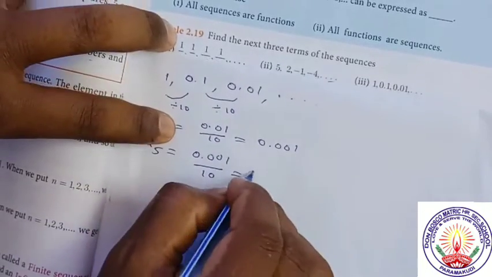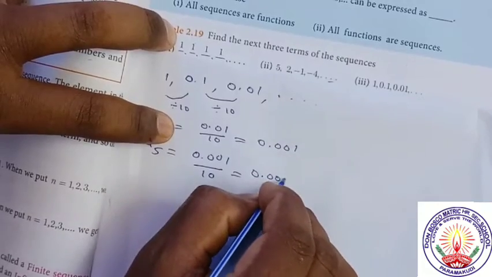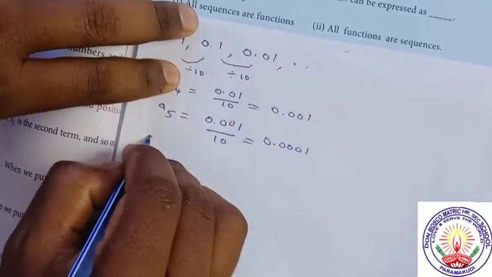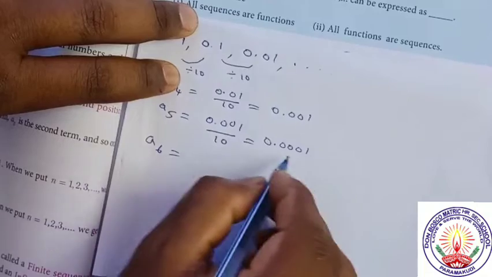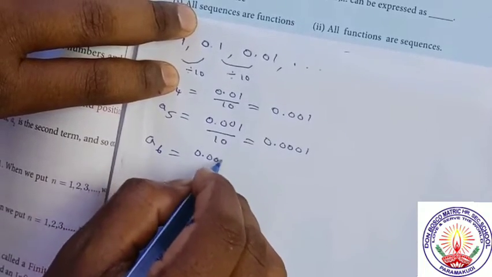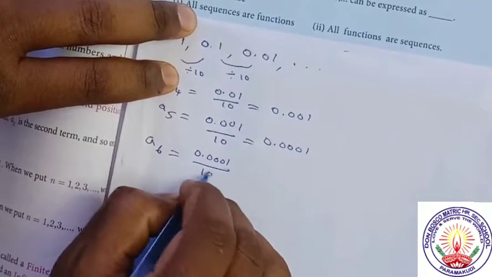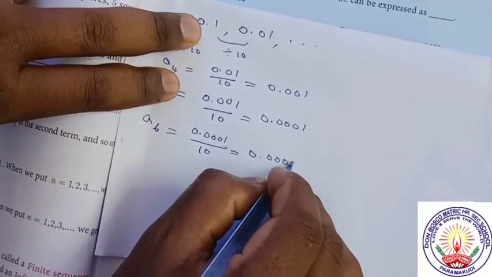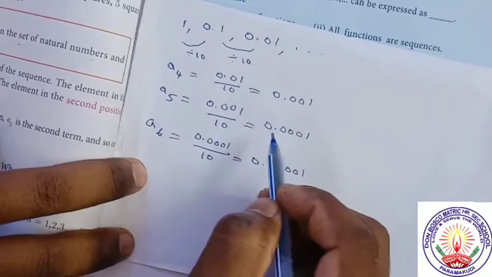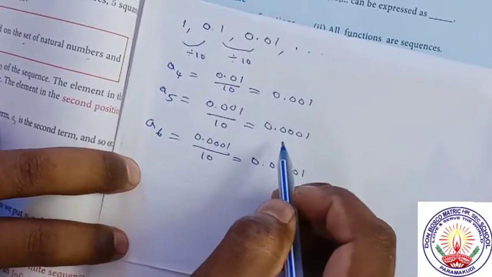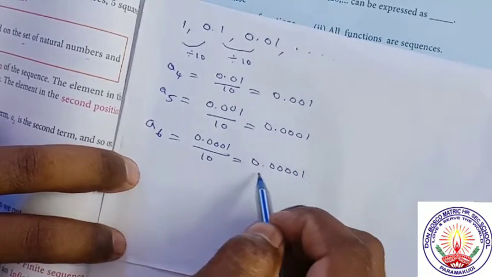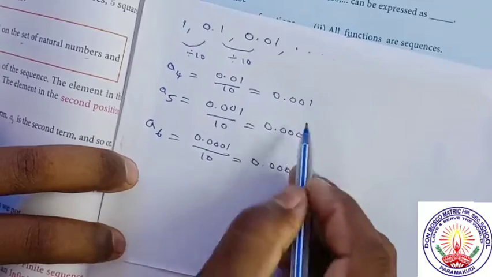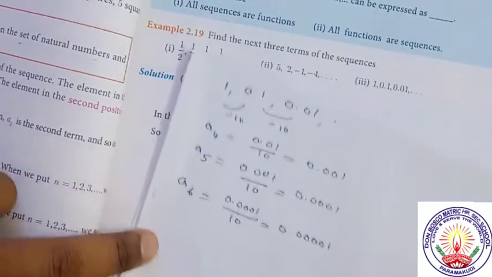So one more digit, so 0.0001. Next one, A6. A6 is the last term 0.0001 divided by 10. So here one more digit, so the answer is 0.00001. Therefore the next three terms are 0.001, 0.0001, 0.00001.